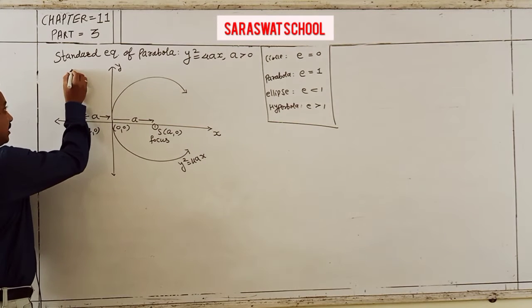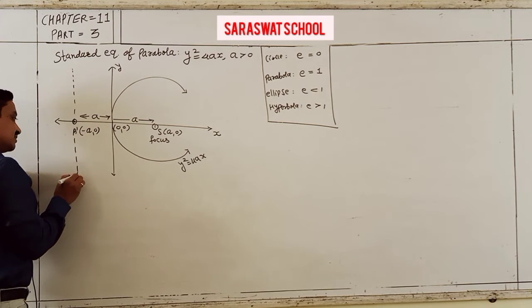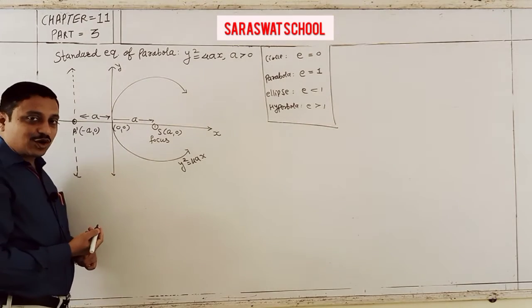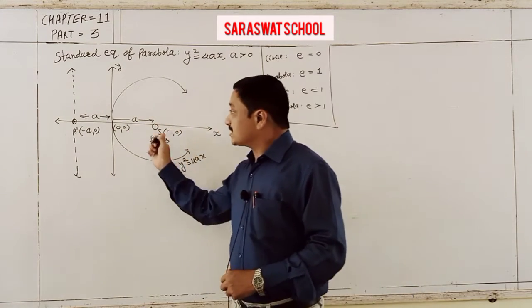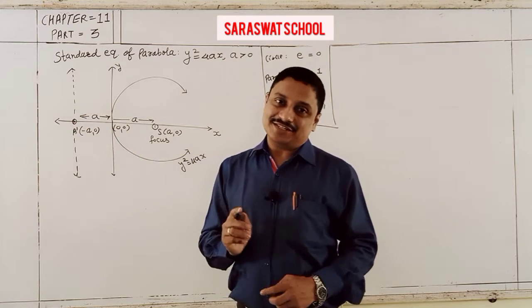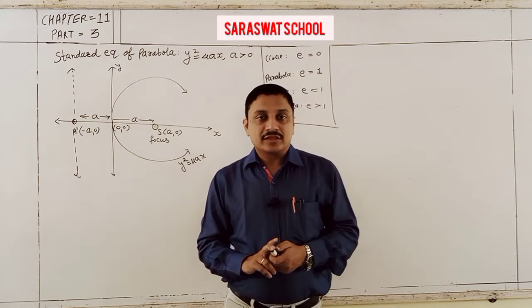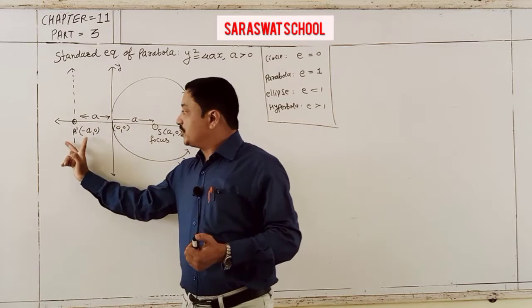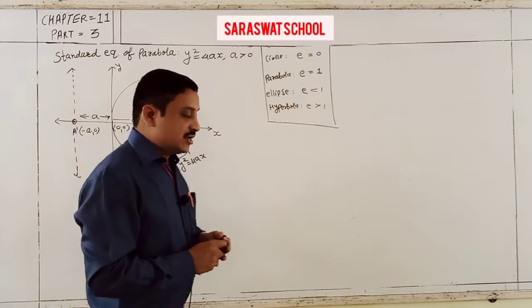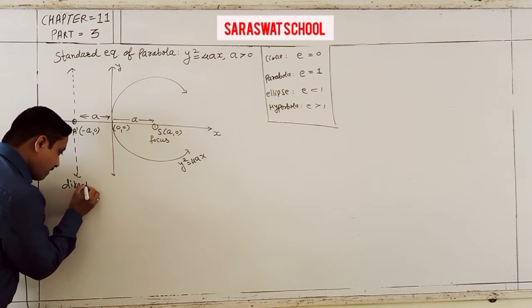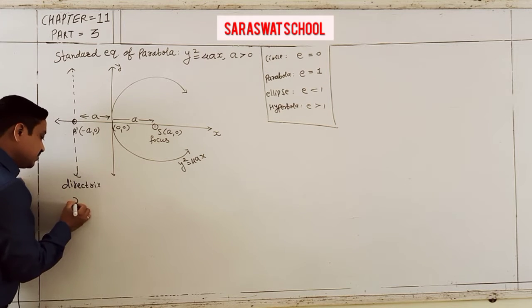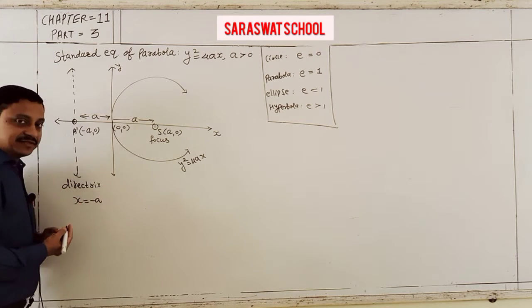Here you will make a straight line, opposite to the focus side. Yes students, opposite to the focus, it is called your directrix. So write down directrix: its equation is x is equal to minus a.